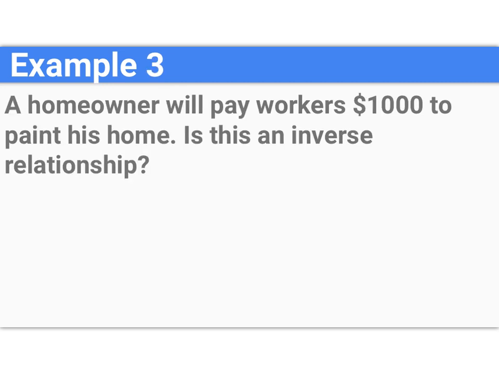Okay, let's look at example 3. A homeowner will pay workers 1,000 dollars to paint his home. Is this an inverse relationship? So we've got workers, we've got pay, and what do we have?